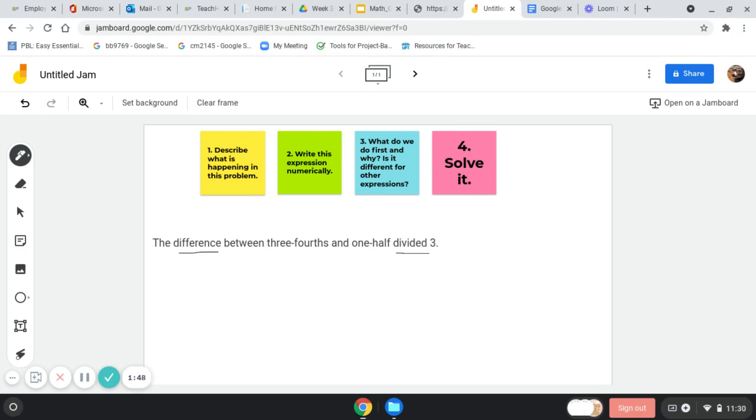So something that's happening here is we have a difference. We're taking two numbers and we're going to find the difference. We're going to subtract those two numbers. And then after that, we are going to take that difference and divide it by another number. So I'm going to add that to my post-it so that we know exactly what we need to do.